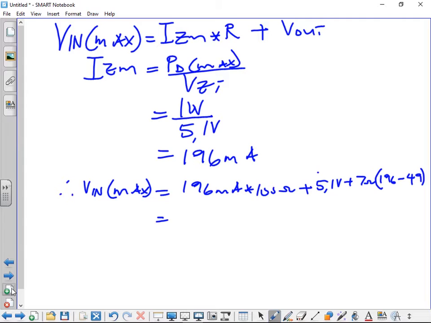The final answer that we have from this calculation is 25,7 volts.